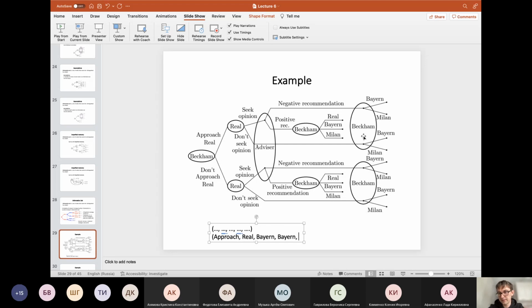And finally, in this node, he can choose, let's say, buyer again. So this is an example. But of course, for every node, other values are possible. So here it can be don't approach. Here it can be Milan, for example. Is it clear what I'm doing here, how I'm counting them? Is it clear?